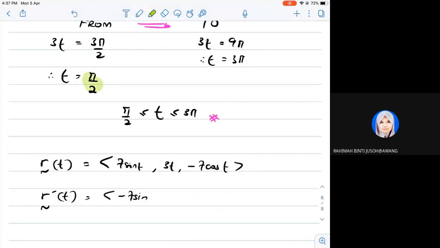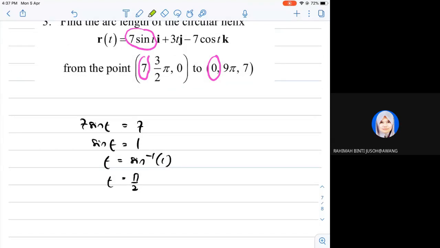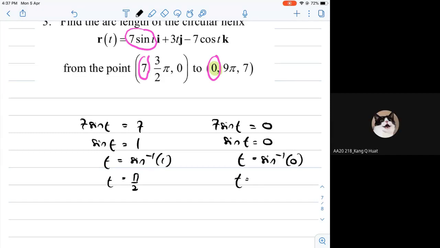Okay, now kita ambil yang nombor belakang, ada 0. So we have 7 sin T equals to 0. Alright. So sin T equals to 0, therefore T equals to arcsine 0. Kalau you tekan calculator, you akan dapat 0 kan?